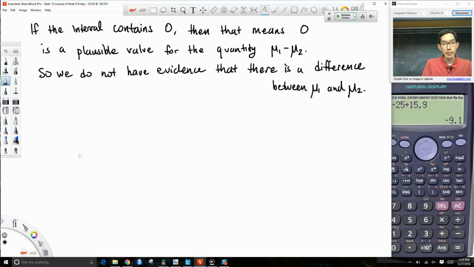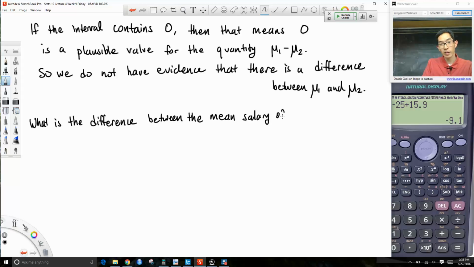Here's a silly example: what is the difference between the mean salary of lawyers and the mean salary of physicians?